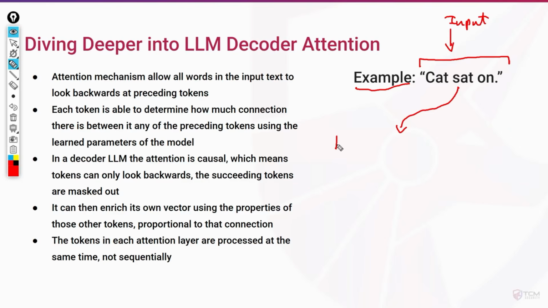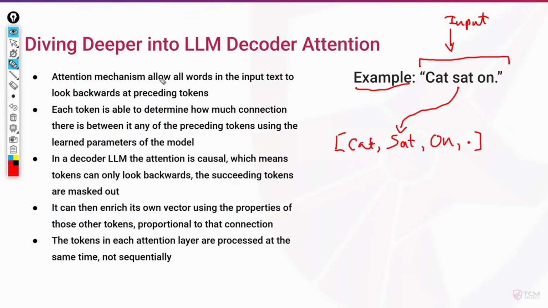So to do that, we're going to split this out into its tokens, which we'll just use whole words. And again, these would also probably just be whole words regardless. We'll get cat, sat, on, and then we also have tokens for punctuation, so we'll get this period, right? So these are our tokens.